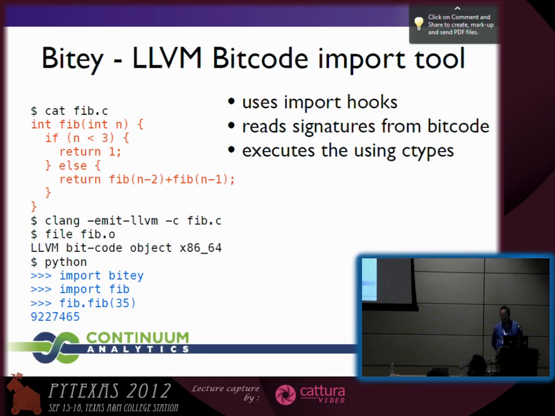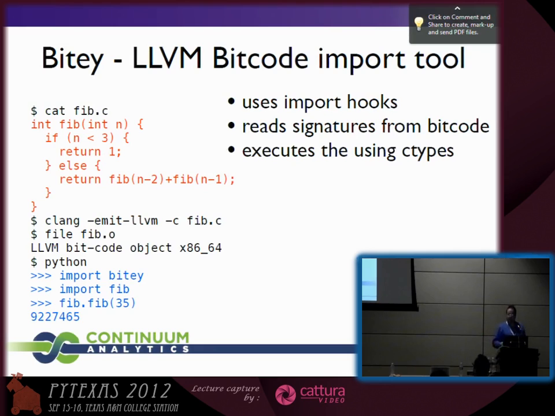Under the hood, it uses ctypes to load and execute the function, but it uses LLVM, rather llvmpy, to inspect the bitcode for the function signature.